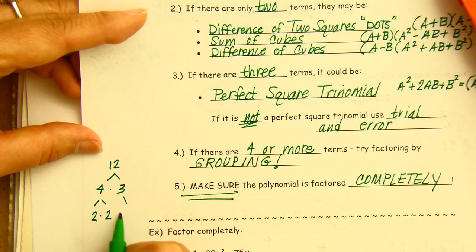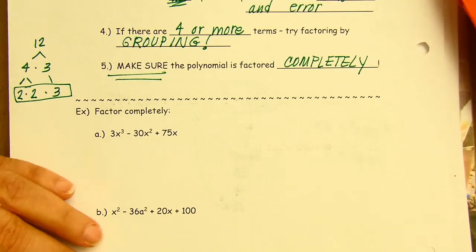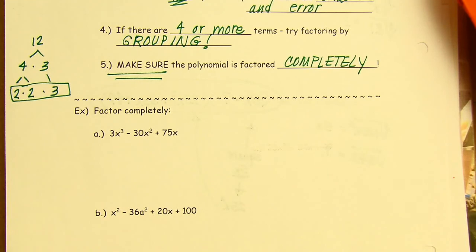But then I still need this 3 because it's 2 times 2 times 3. That's 12. All of these numbers down here in the bottom row are prime numbers. Okay, so these are the prime factors of 12. So we apply that same thing to polynomials. You have to factor it down all the way.